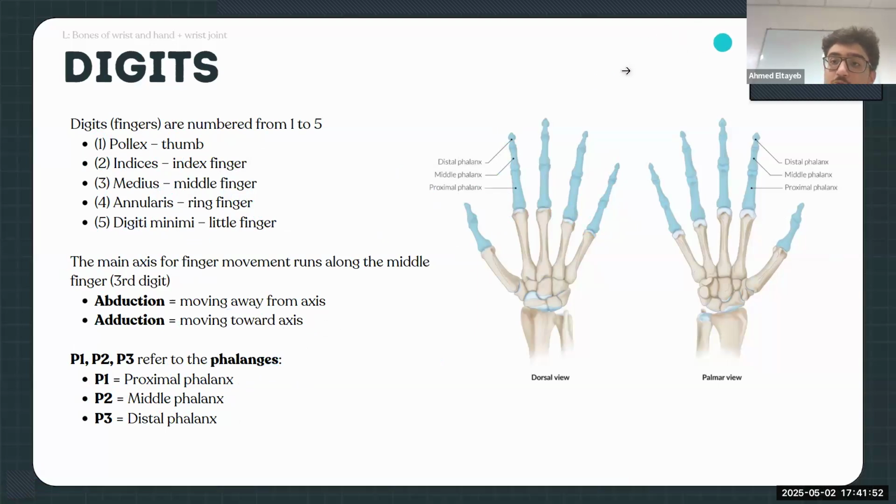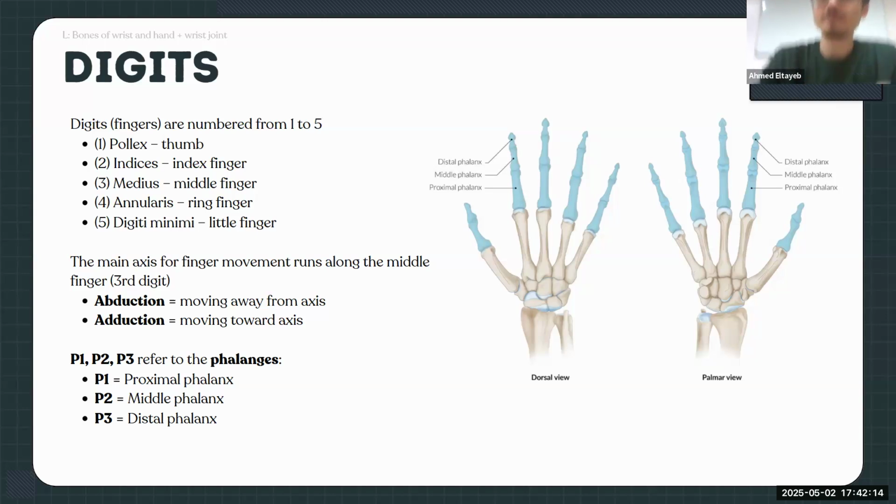And what's the anatomical relation to the digits? When you do the movement of abduction and adduction of your fingers, you do it in relation to your middle finger. So this is your axis.